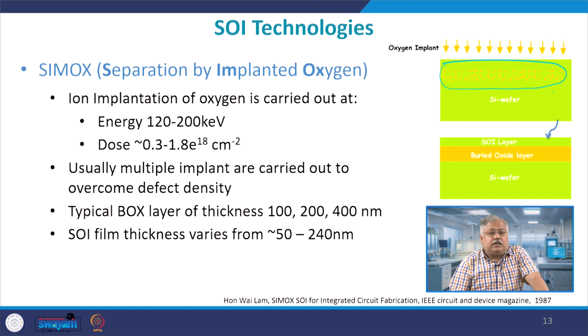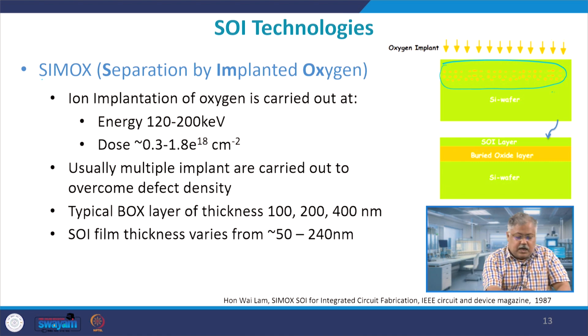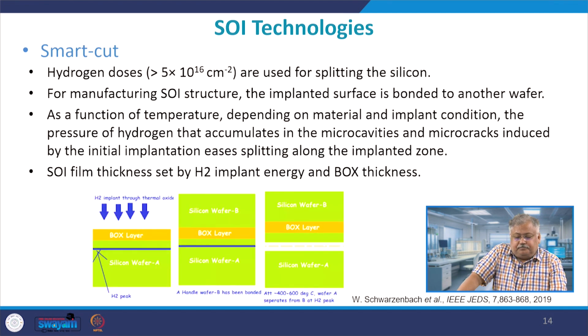This case is known as SOI, separation by implanted oxygen: S is separation, I is implanted, and OX is oxygen, right. So the SOI is what we get here. This is used in SOI technology. As you can see, the SOI layer varies from 50 to 240 nanometers, and the typical box thickness is of the order of 400 nanometers.